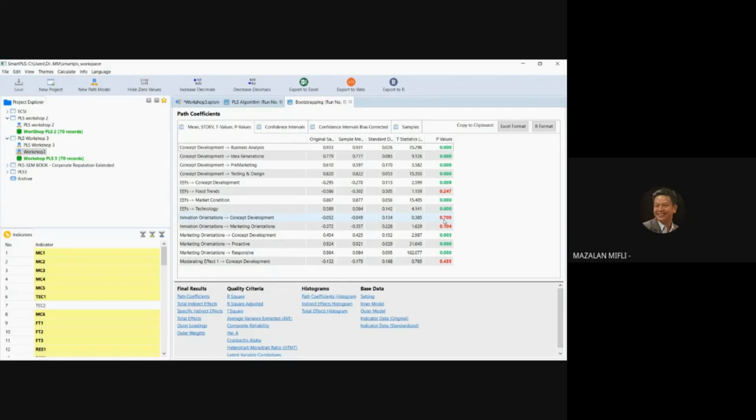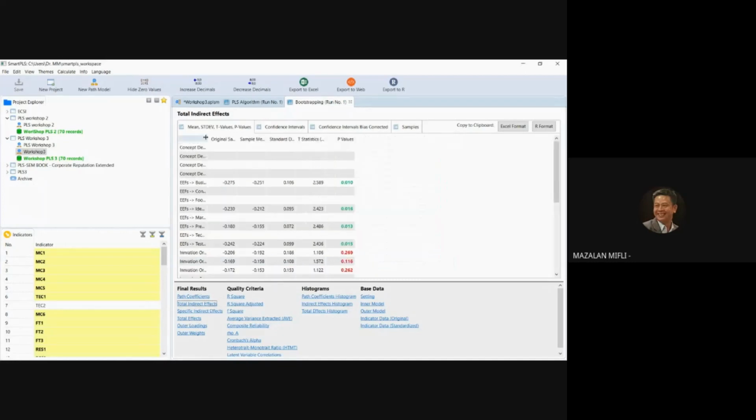So what is the moderating effect? The moderating effect also is not significant. It shows that if you run the moderating effect on its own, it already shows it's not significant. So when you make it simultaneous with the marketing orientations, there are no changes. It remains non-significant.